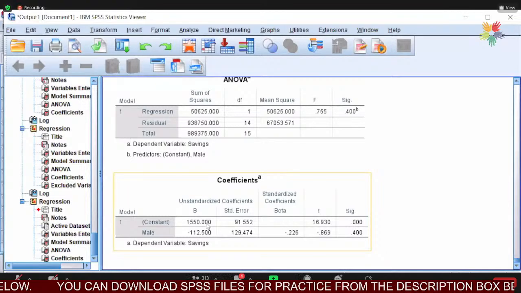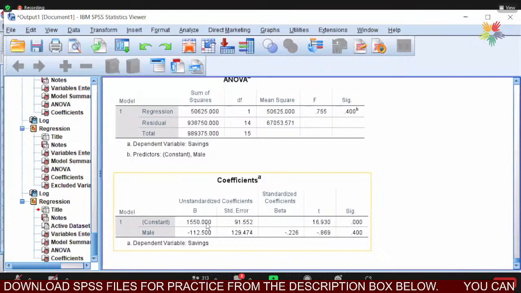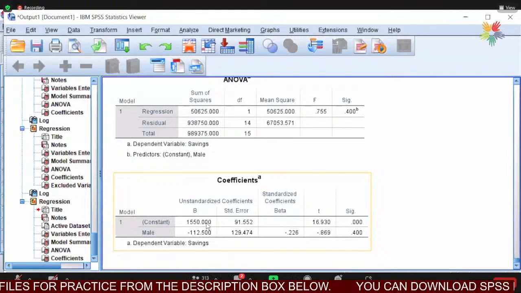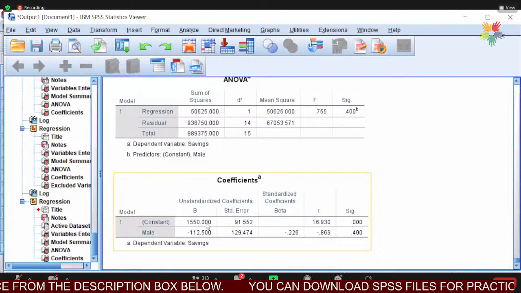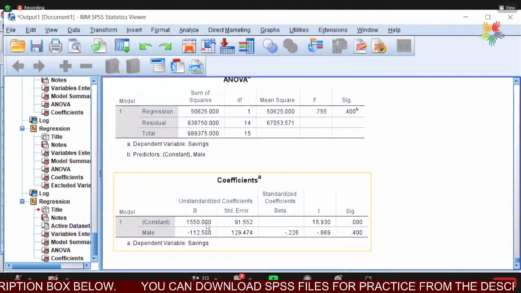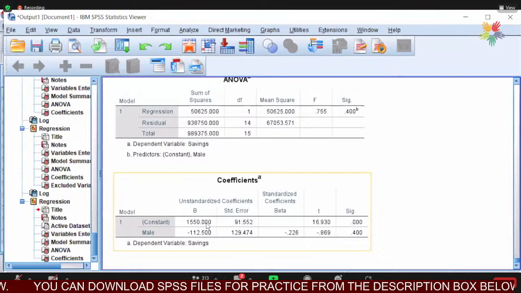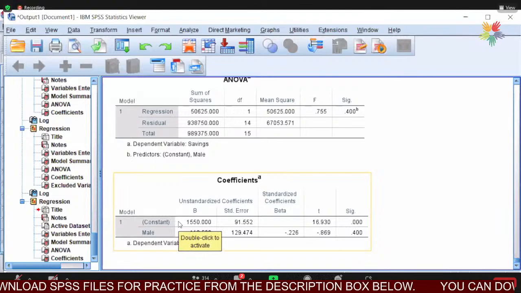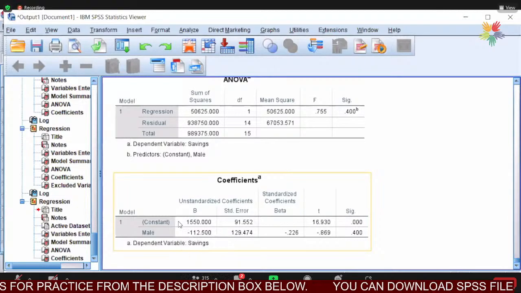Now, madam, you are telling it wrongly. The female mean is 1550. I have told you, but you should have written it down. Without writing, you are telling, that is why you are giving the wrong answer. So the female mean is 1550. Now the constant is 1550, which is the alpha, the A value.